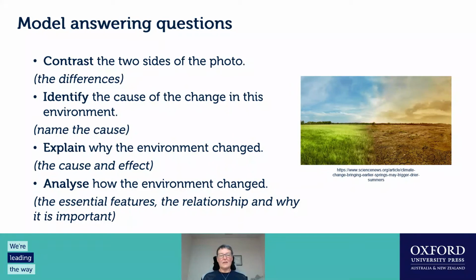Explain why the environment changed. That's different to identify. If you want them to provide a cause and effect, making that link, it's a much higher level approach to your questioning. Cause means the same as identifying the cause, but explaining how that cause gave the effect.